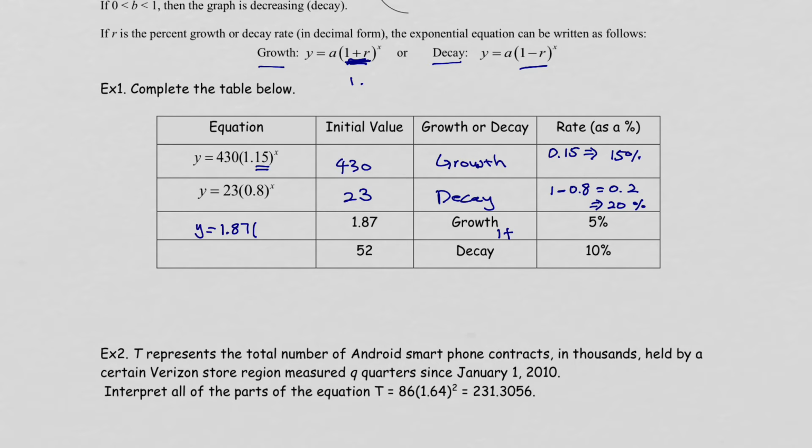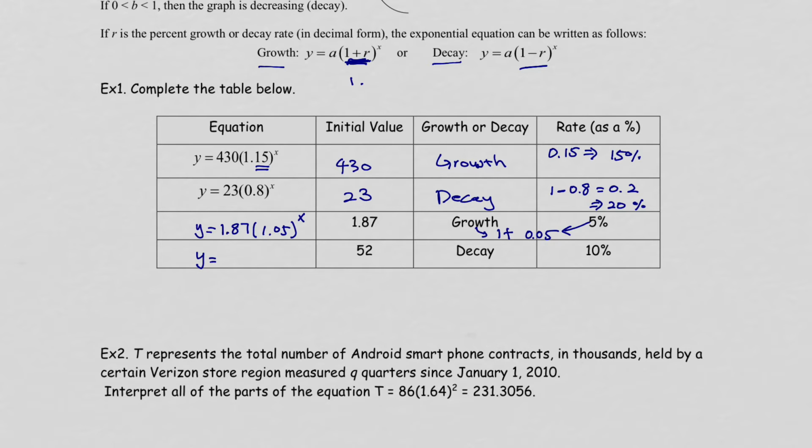So you're doing 1 plus 0.05. Growth is 1 plus, and then 5% is 0.05. That's going to give you 1.05. This is exponential, so let's put the x on the power.